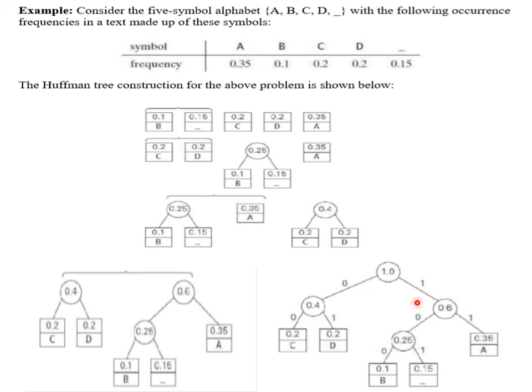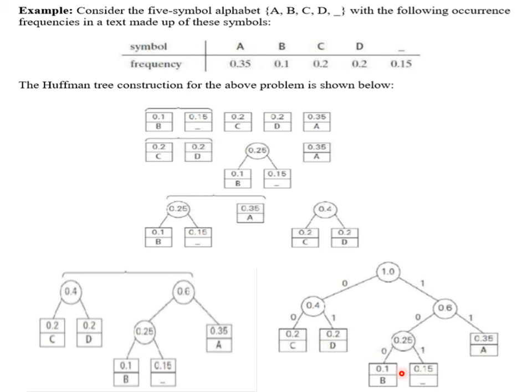So now we see in this case that B is the lowest frequency character, so it should have a longer bit code, that is 100, and then underscore is the next one, so 101.